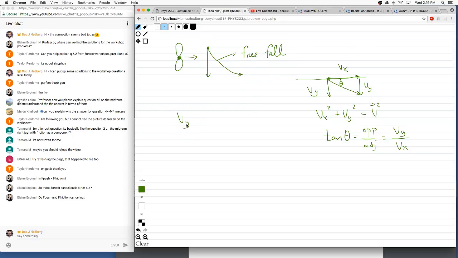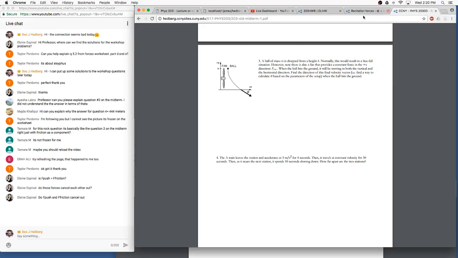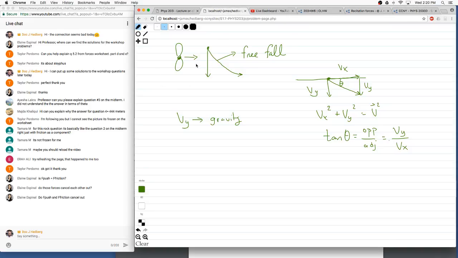Vy is fairly straightforward because we know that the only force acting in the y direction is gravity.